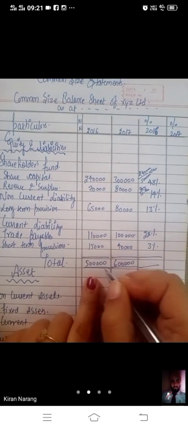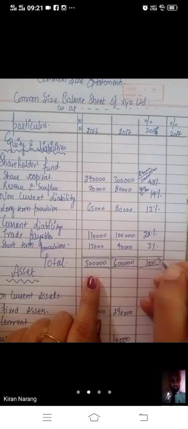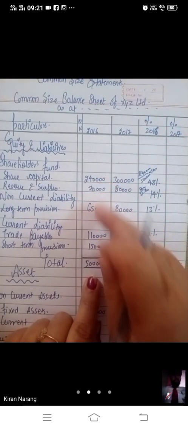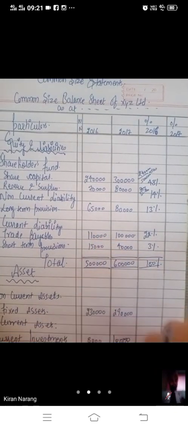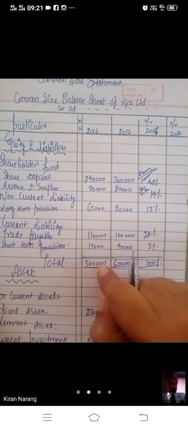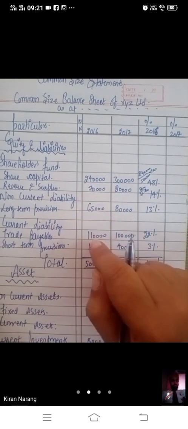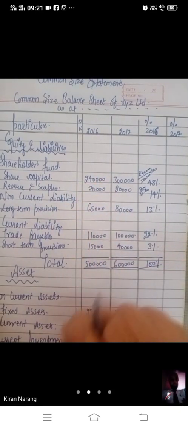Then 5 lakh divided by 5 lakh into 100, 100%. In this way, we will compare all these items in comparison to the total: the percentage of share capital, reserve and surplus, long-term and short-term borrowings.